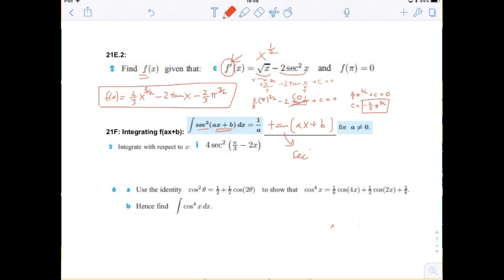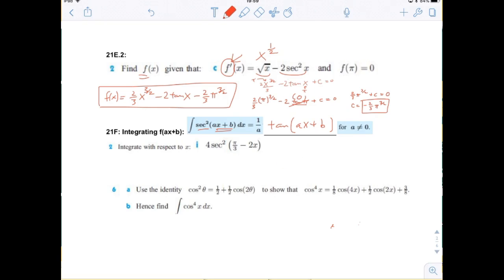That would be secant squared of the same thing inside. And then we'll take the chain rule of this. We'll get a. And then you're like, oh, wait a second. I have 1 over a here. The 1 over a cancels with the a. So I end up with just secant squared ax plus b. And that's what I wanted. So it worked. We checked it and it worked.